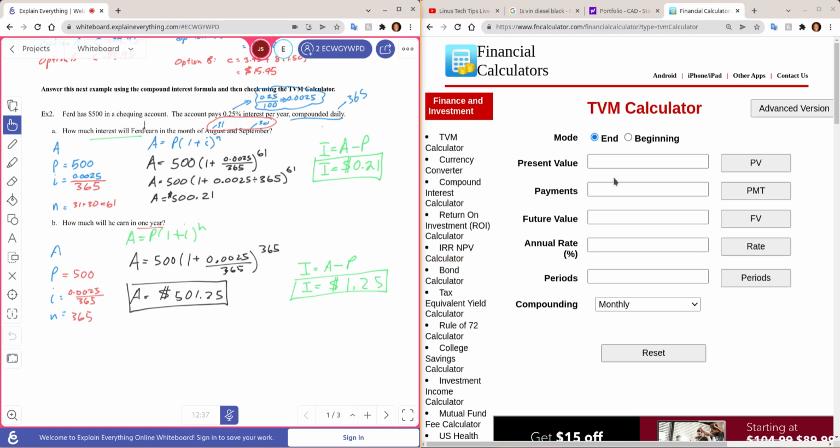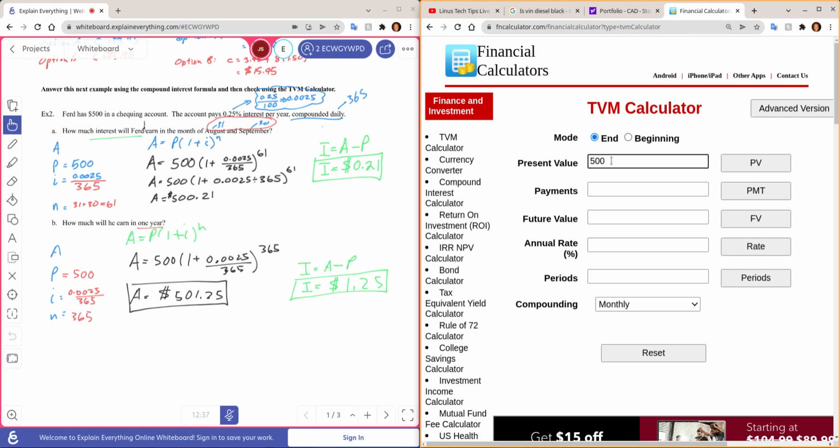Here's how we do this. If you take a look at our present value, we put $500 for our present value because that's what we own. The reason it is positive is because we own that money. That is money that we keep. Any money that we give away, we have to say it's a negative number, right?